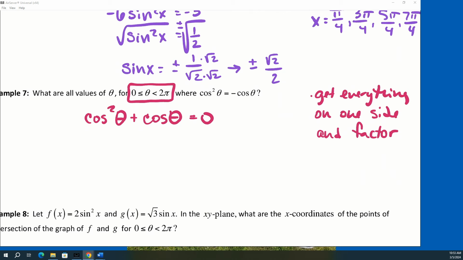If you're ever solving by factoring, one side of your equation has to be 0 or it's not going to work out. All right, so in this case, we're going to factor out a common factor. What is it? Cosine of theta.